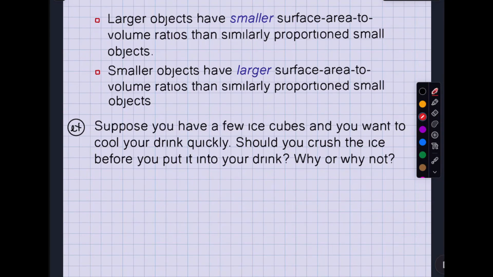It's kind of like if you have a spill and I just throw this on there, it will eventually pick up the water. But if I took this and opened it up, it's going to get wet right away, isn't it? Because I'm exposing more surface area than that. Make sense? Okay? So if you think about one big block of ice, this surface, this surface, and that's all I got. But if I crush it, then I got a bunch of little tiny ones that have a lot of surface area. This has surface area, this has surface, this has, right?